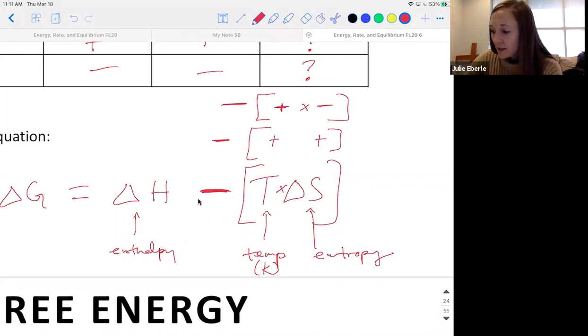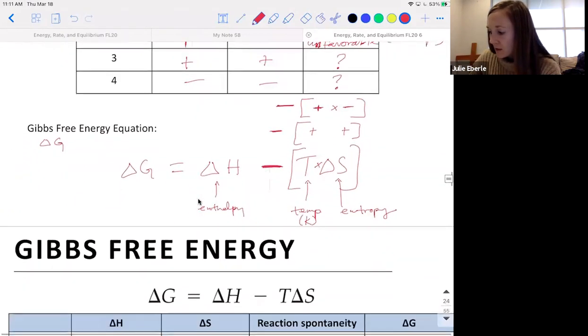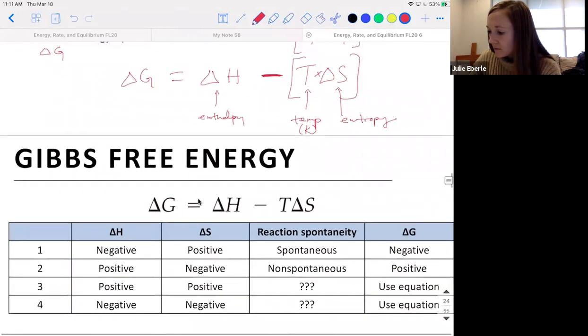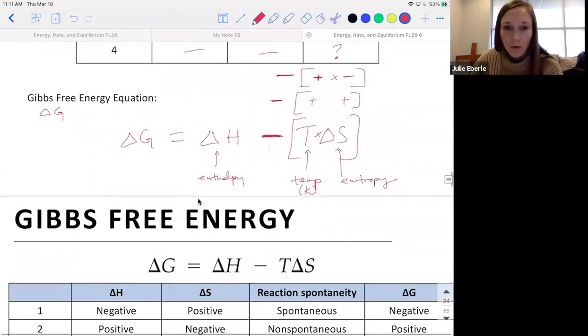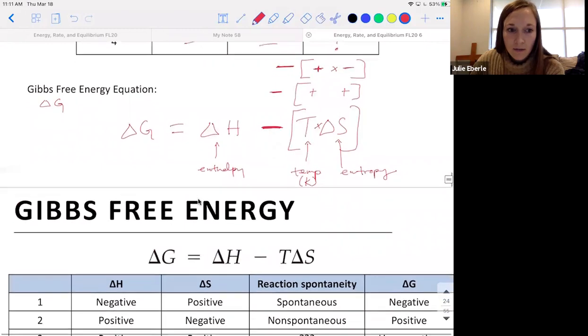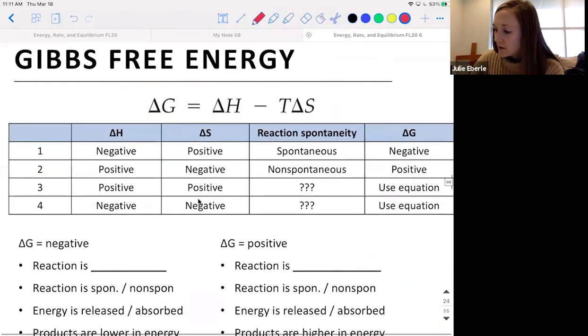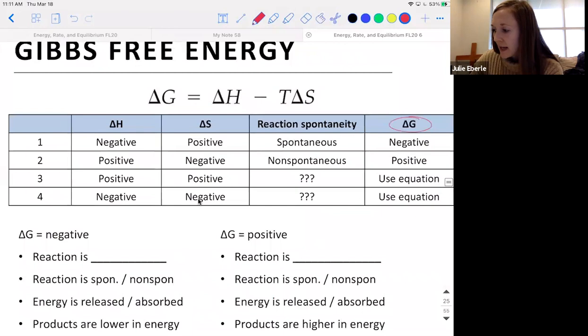So just remember those things. Remember you have a minus sign out front. Those are just some basic math principles that I wanted to go through. Okay, any questions so far? We're going to scroll to the next slide, which is the table we just filled out plus an added column over here on the right-hand side, which is a delta G column.